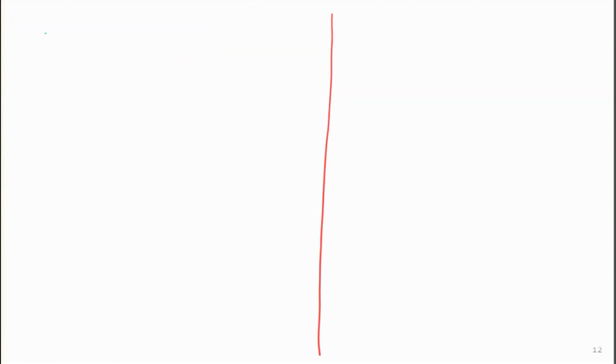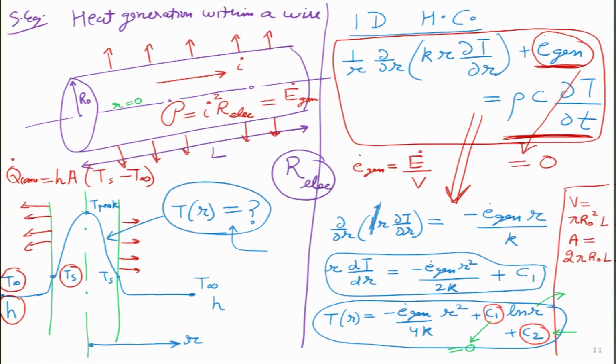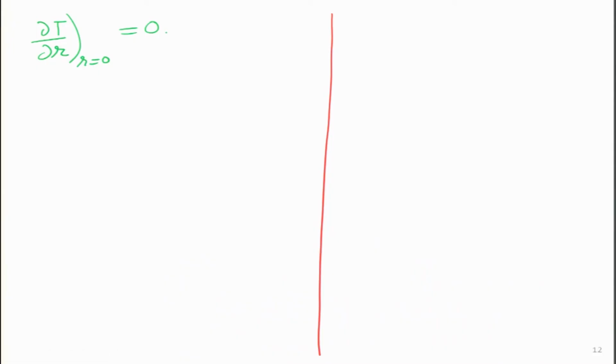We will say that del T by del r at r equals 0 is 0. What does it mean? It means that the slope at this particular point is a horizontal line, and a horizontal line has a slope of 0.